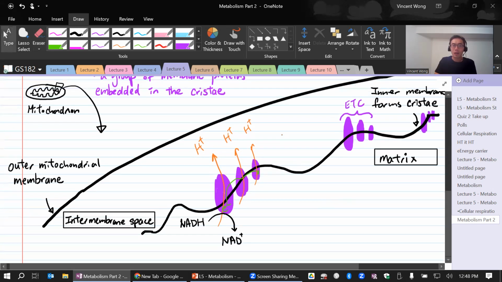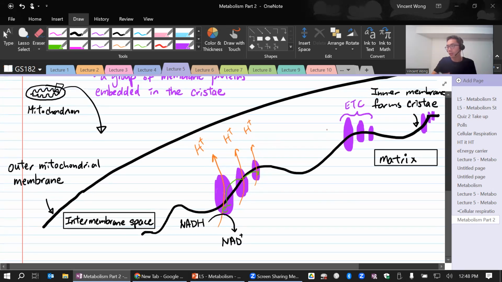Now, I only show you one ETC, but remember there are thousands of these things happening at the same time in the cristae. So over time, you would have a high concentration of H plus in the intermembrane space, and you will have a low concentration of H plus in the matrix, right?